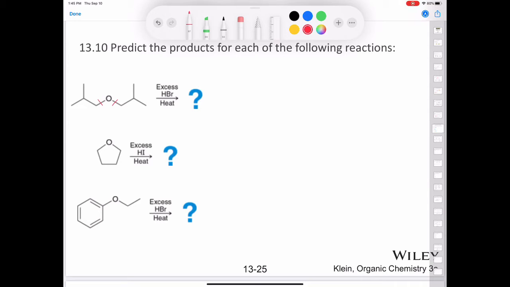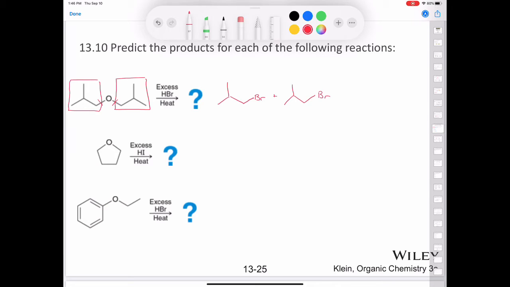What we're going to get is first we're going to draw the carbon skeleton that I'm boxing here in red. So we're going to end up with this carbon skeleton. Those are the 4 carbons of the skeleton. And instead of a bond to oxygen, we're going to have a bond to a bromine. Now, the same thing is going to occur on this side of the molecule. And so we're also going to get another molecule of that same alkyl halide.